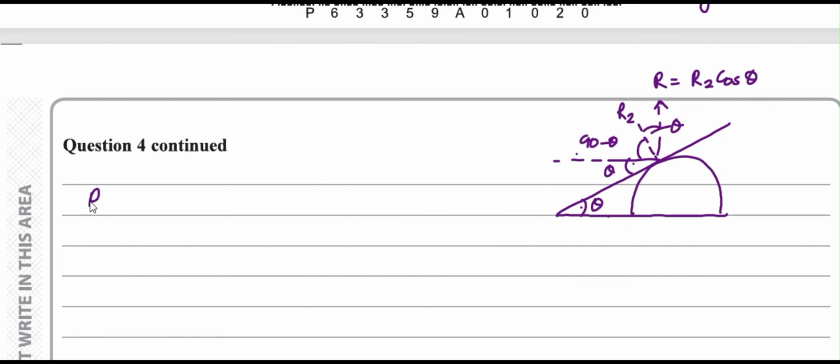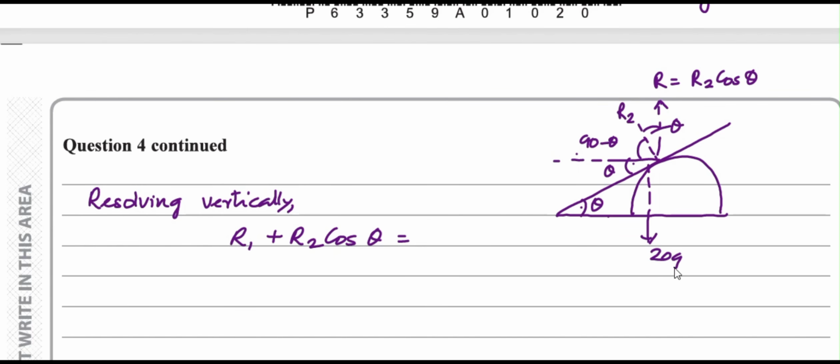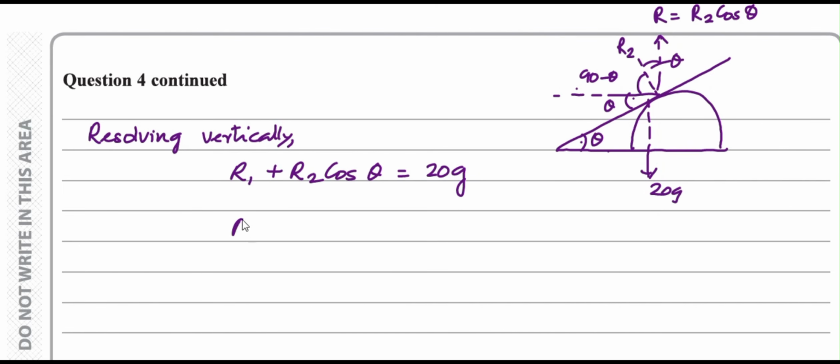Hence we can say, resolving vertically, R1 plus R2 cos theta should be equal to this 20g acting downwards from here. That is R1 plus R2 times 24 over 25 is equal to 20g.